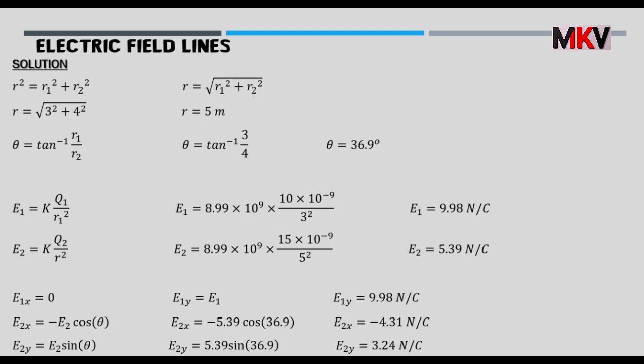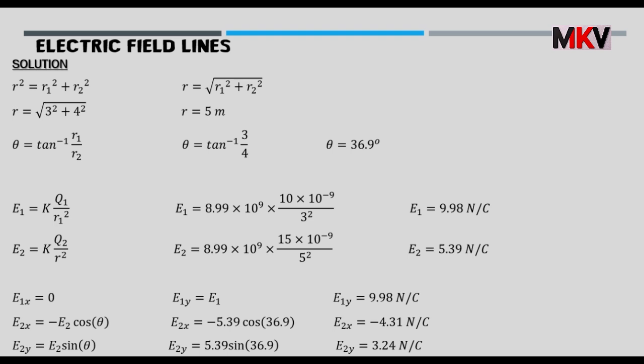And now we are supposed to find the angle at which we resolve our component. The trig function we are using here is tan. So theta will be equal to tan inverse of R1 over R2, since we know that tan is opposite over adjacent.